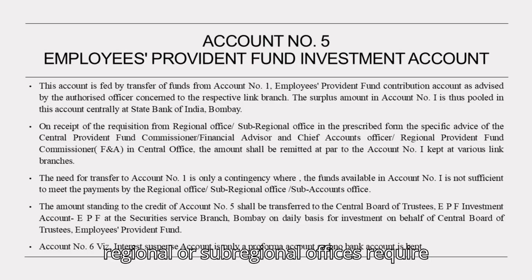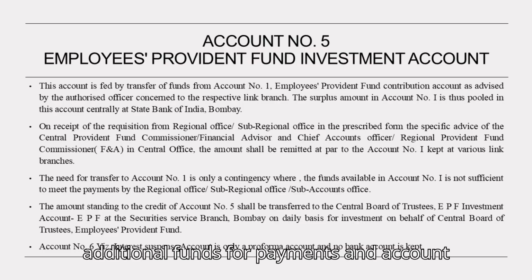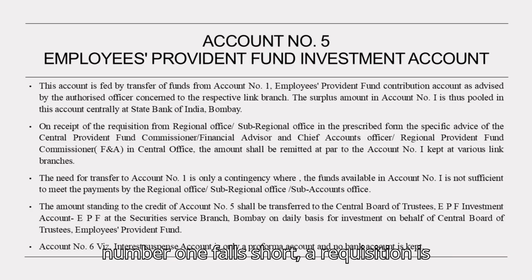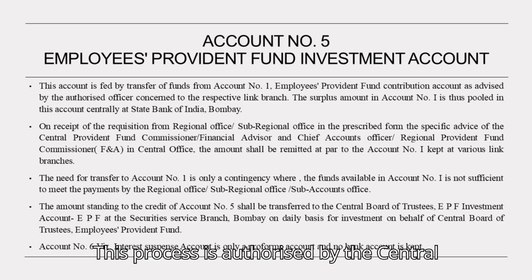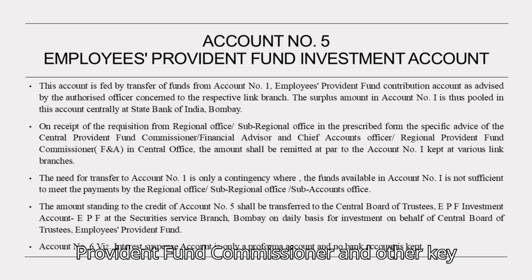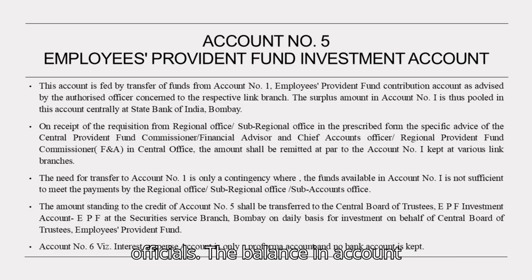When regional or sub-regional offices require additional funds for payments, and account number 1 falls short, a requisition is submitted to transfer funds back from account number 5 to account number 1. This process is authorized by the Central Provident Fund Commissioner and other key officials. The balance in account number 5 is transferred daily to the Central Board of Trustees investment account for further investments.